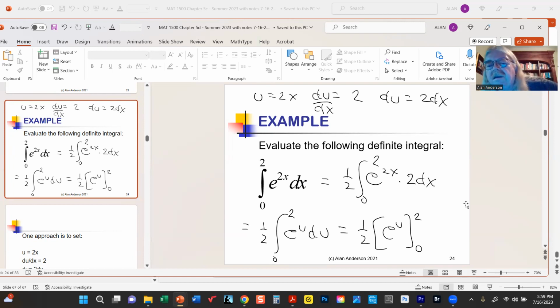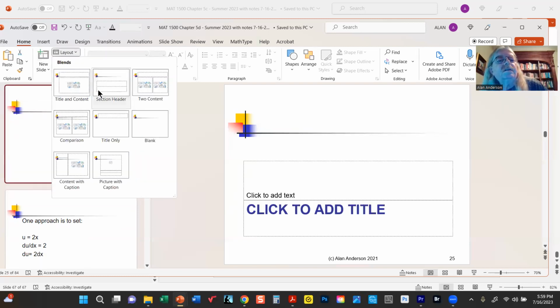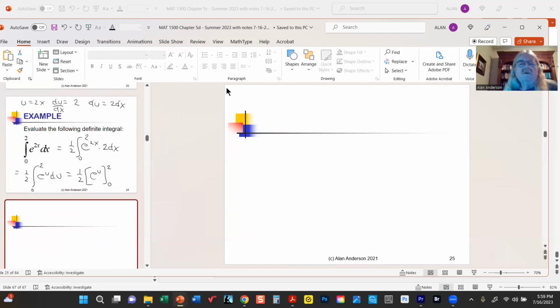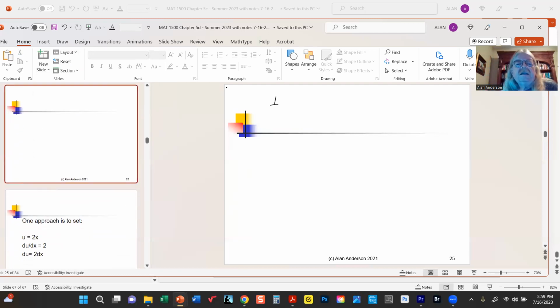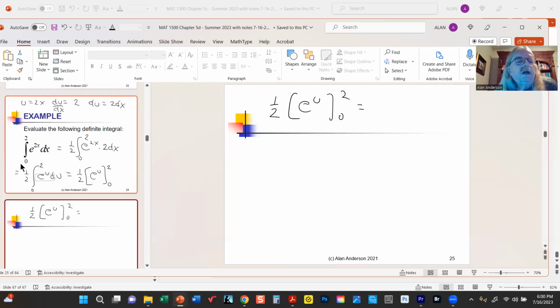But remember, the integration is with respect to x, so we have to make sure we replace that u. Don't put like e to the 2 minus e to the 0 or something like that. So first, replace the u with its definition, the one we chose for it. So in other words, 1/2 e to the u is equal to, u was 2x.